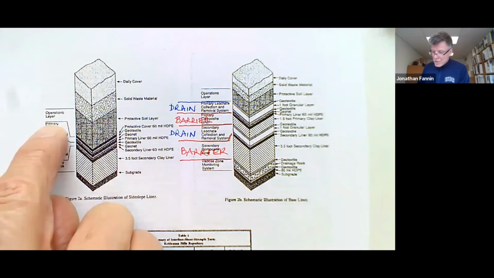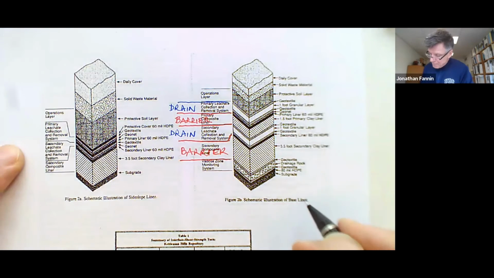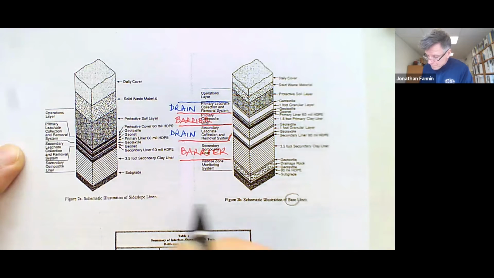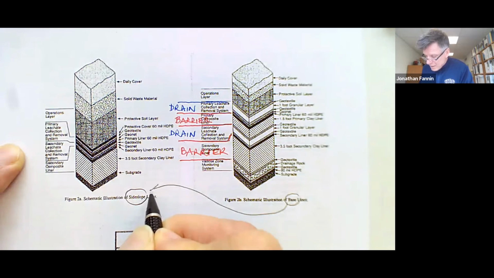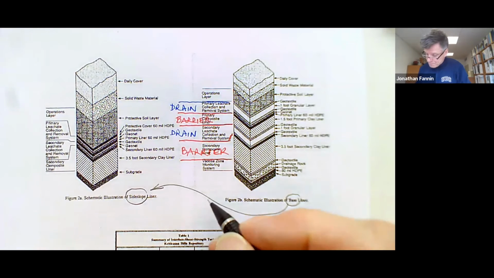So we have a change in materials, right? As we go from the base of the liner, here's the base of the liner over here, onto the side slope, and we necessarily may entertain a substitution of materials.